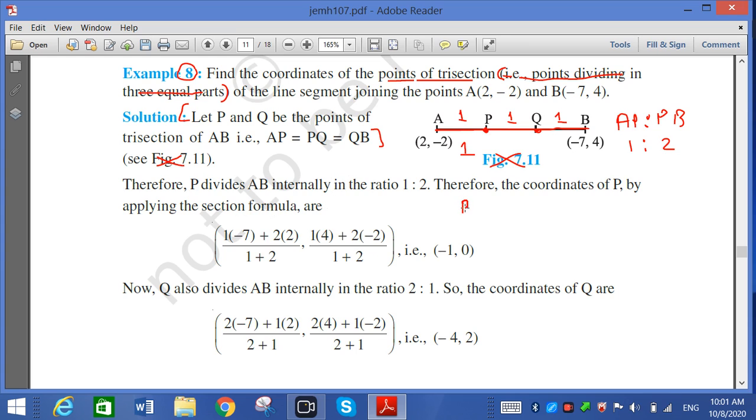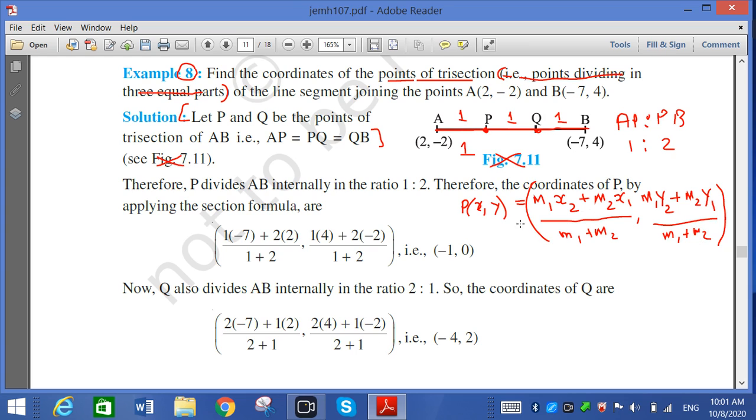First of all I have to write P(x, y) = ((m1 x2 + m2 x1) / (m1 + m2), (m1 y2 + m2 y1) / (m1 + m2)).